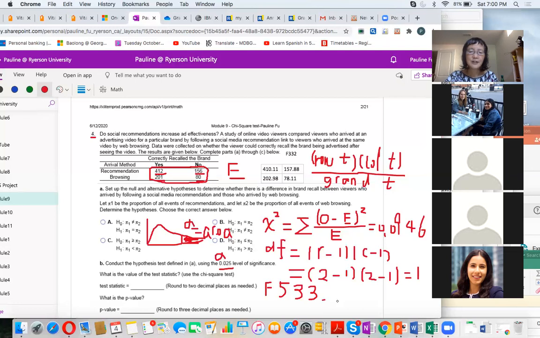Okay. The critical value is 5.0239. So that is the critical value.